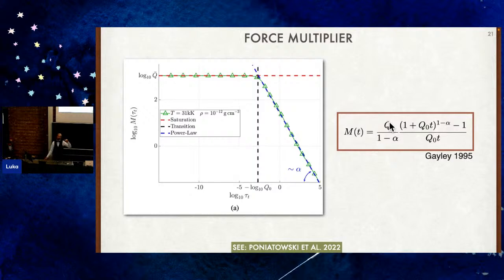Well, q bar describes the maximum value of the force multiplier that we can have. Q naught describes at what optical depth the transition from this flat to this decreasing line happens. And alpha describes the slope of this decreasing function.